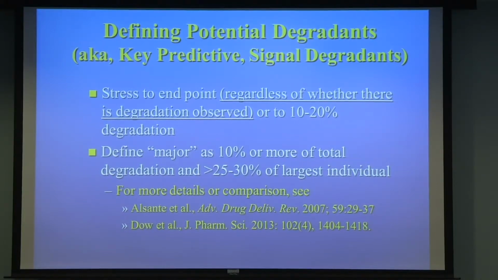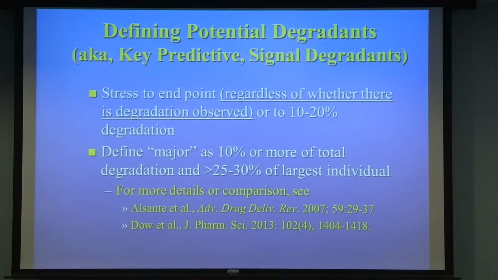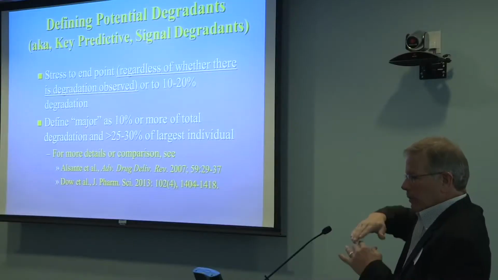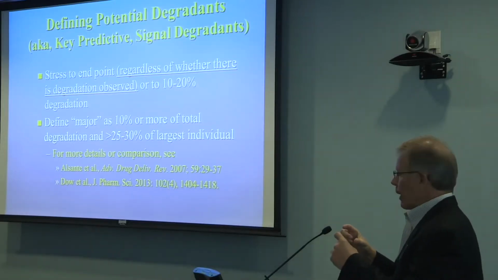So if you have an API that lost 20%, 10% or more of that would be 2%, right? And then you only focus in on the peaks that are at least 25% of the largest individual. So if you had 10% degradation and you had 1 peak at 8% and 2 peaks at 1%, well, those 1% peaks are 10% of the total degradation, 1% divided by 10 times 100.